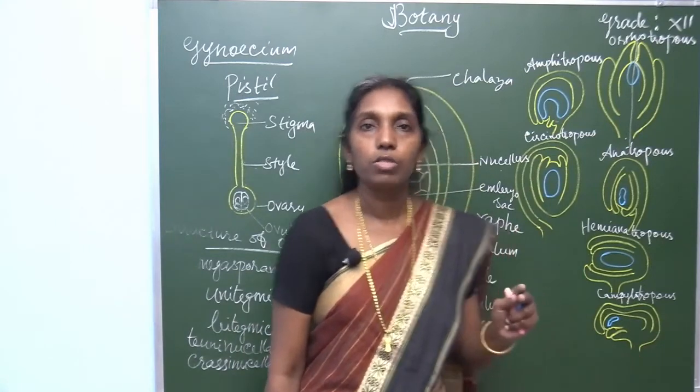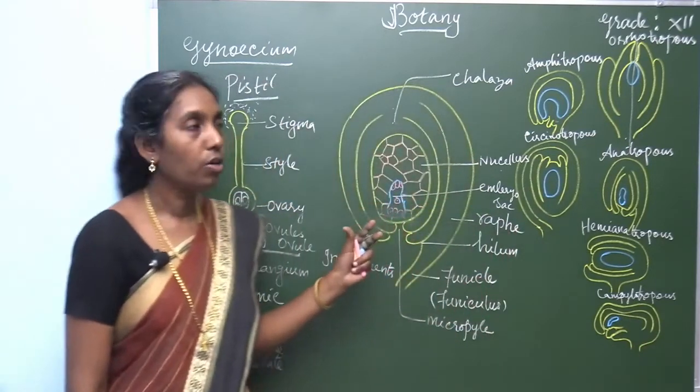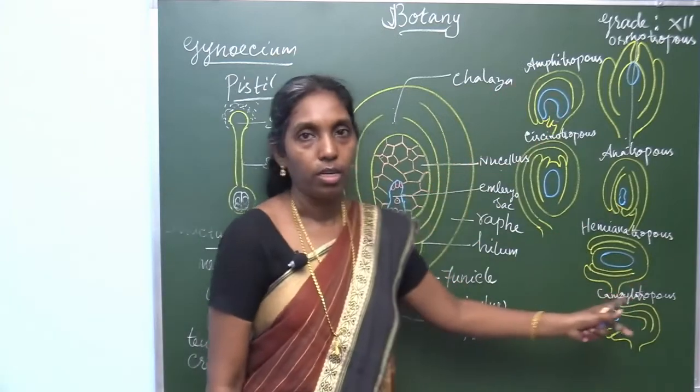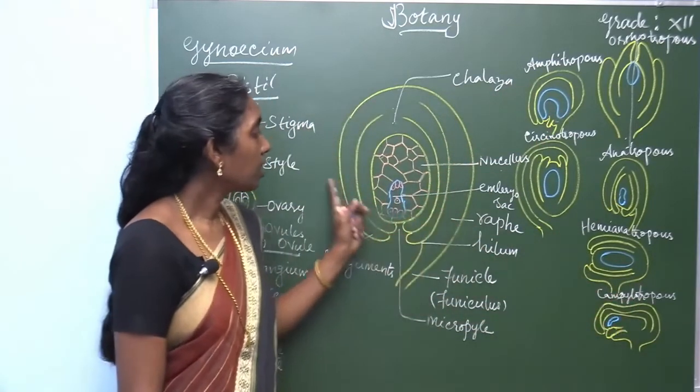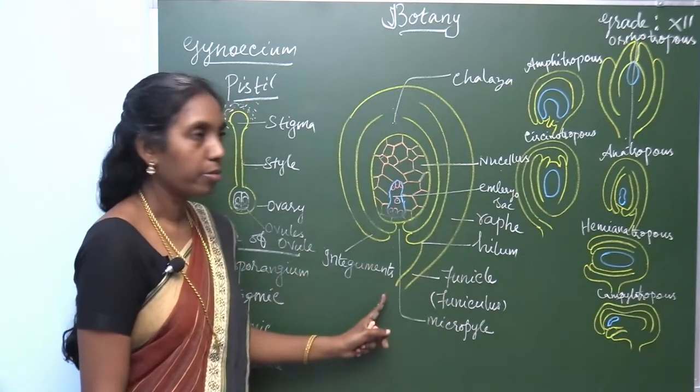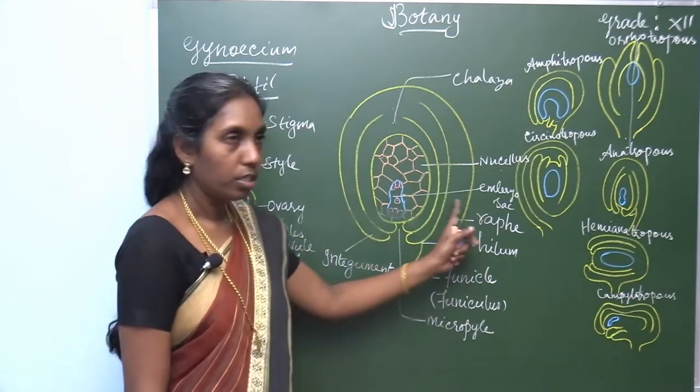So, this question is types of ovule. Today you learn two questions: one is the structure of an ovule, another is the types of ovule. Both diagrams are important. Draw the structure of ovule neatly and label all the parts.